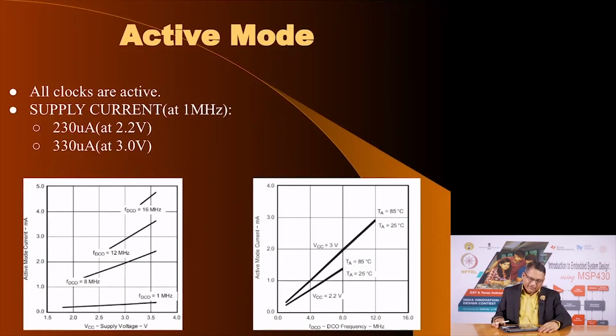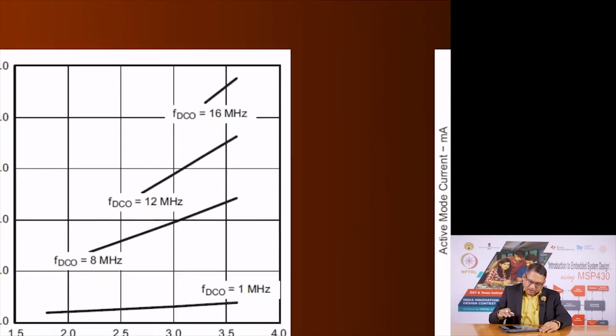Now, in the active mode, if your system is working and the CPU is working at 1 megahertz, then these are the operating diagrams from the data sheet of MSP430. For 1 megahertz, this is the active current and this is the supply voltage. You can go from roughly 1.8 volts to 3.6 volts.